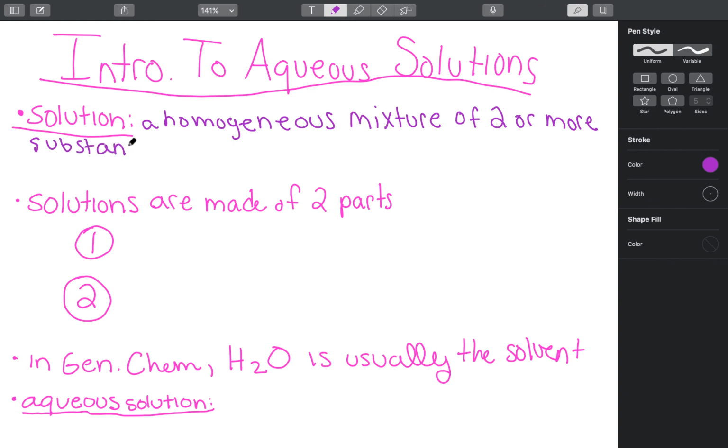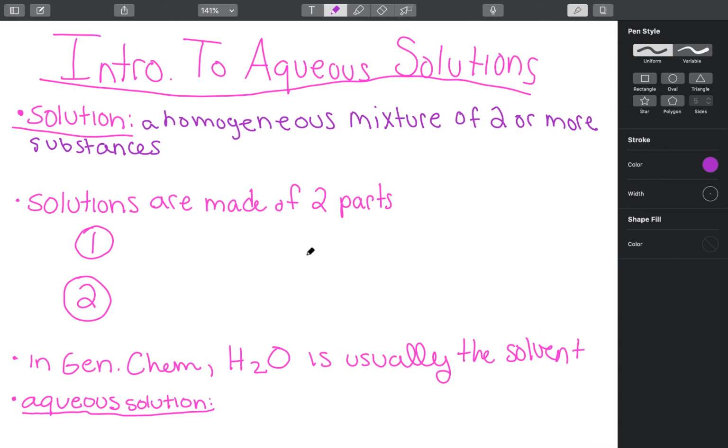So solutions can be made up of solid and solid mixed together. That's usually called a metal alloy. A great example of a solid solution is a metal alloy. You can have two liquids mixed together or two gases. They just have to be a homogeneous mixture.